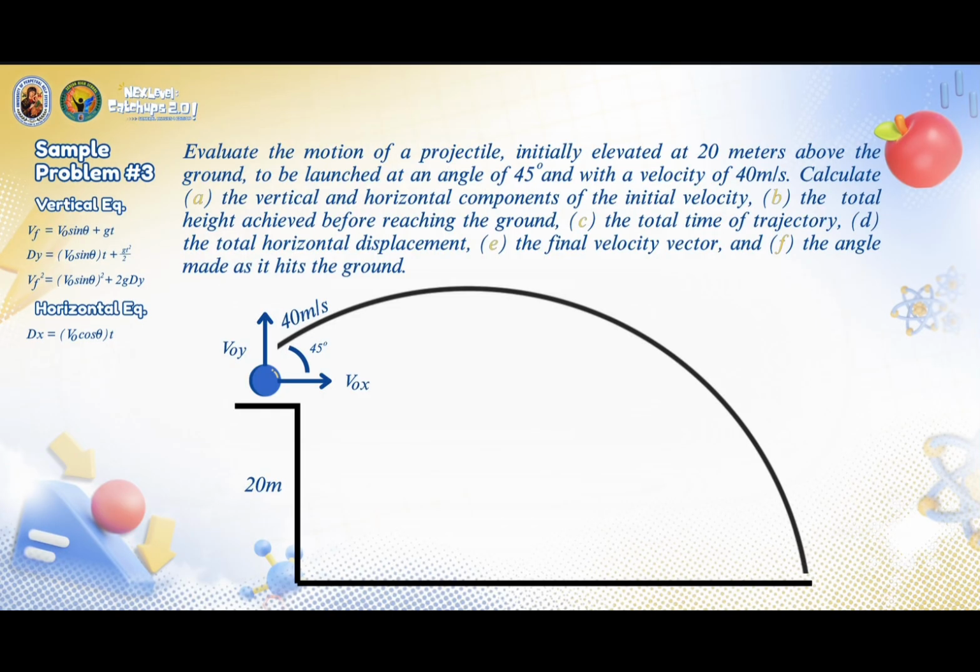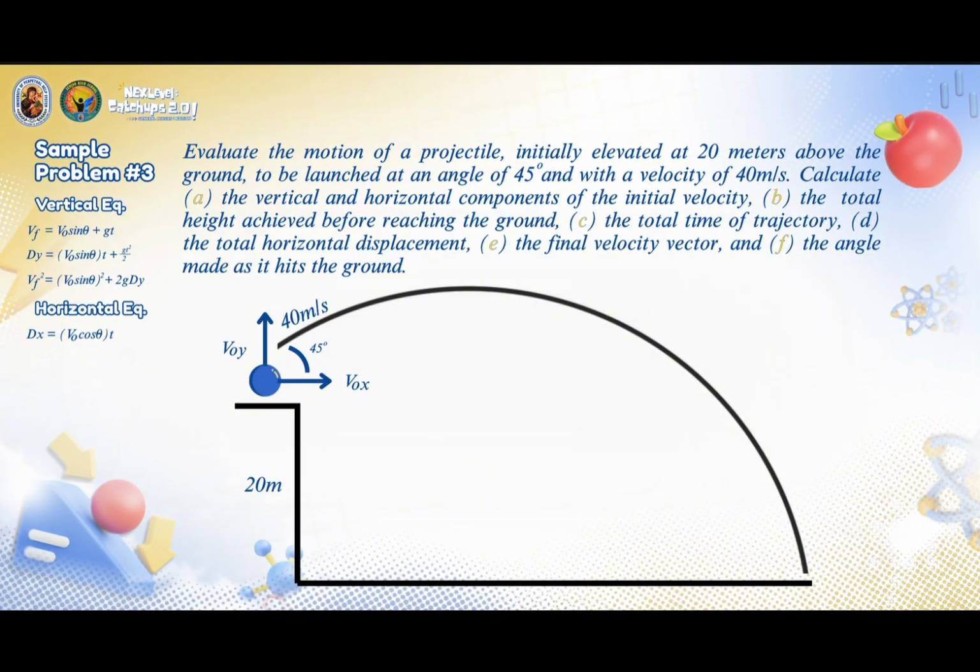Lastly, sample problem number 3. Evaluate the motion of a projectile initially elevated at 20 meters above the ground to be launched at an angle of 45 degrees and with a velocity of 14 meters per second.